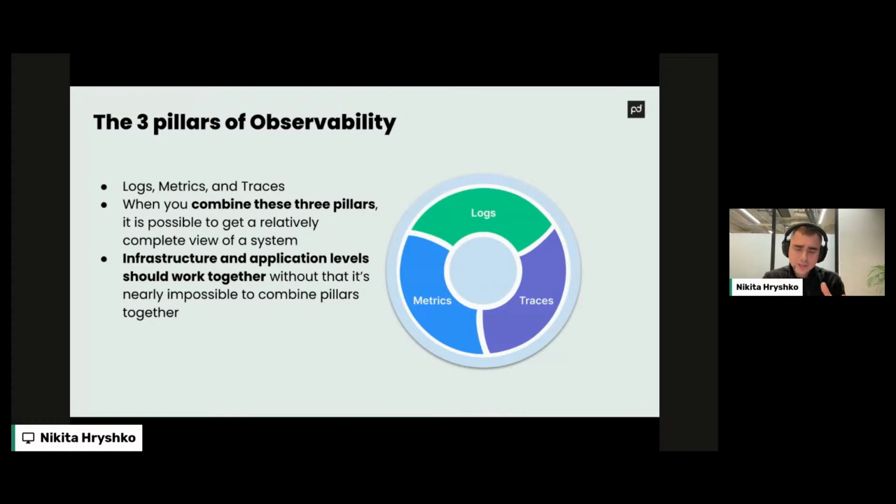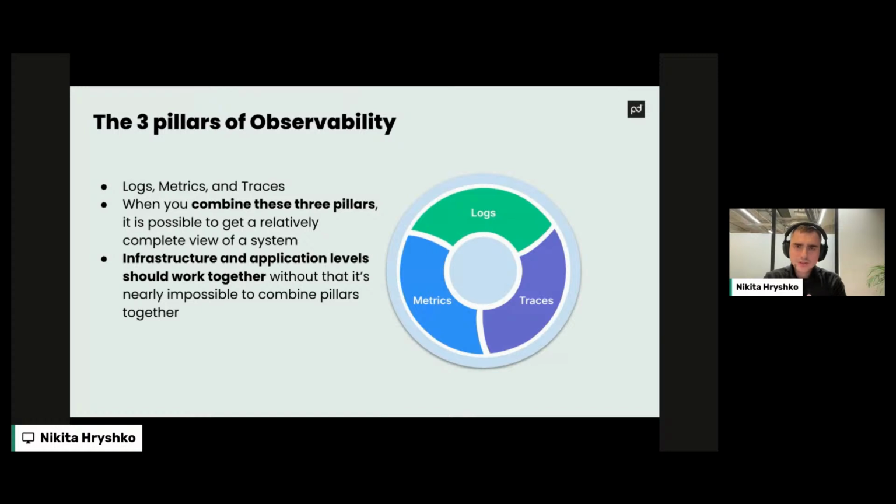But before we delve into our journey, let's establish a common understanding of the pillars of observability. Typically, we have three of them: logs, metrics, and traces. The responsibilities of each pillar are somewhat evident from their names. But what is really crucial is the ability to combine these three pillars to gain a relatively complete view of a system.